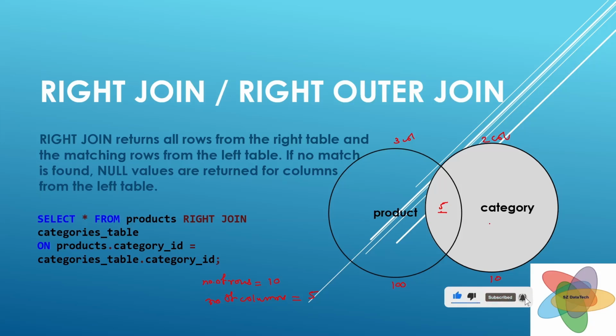So for those 5 we will get values for all the columns of the product table as well as the category table, but for the remaining 5 which are not matching, we will get null values for all the columns of the product table. The same thing is mentioned over here.